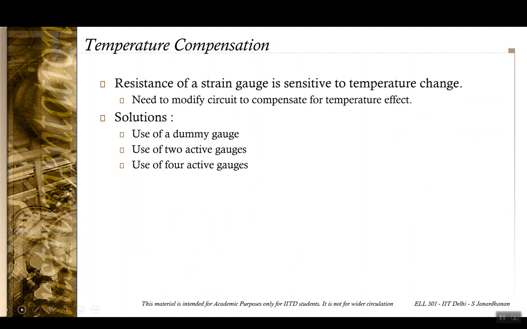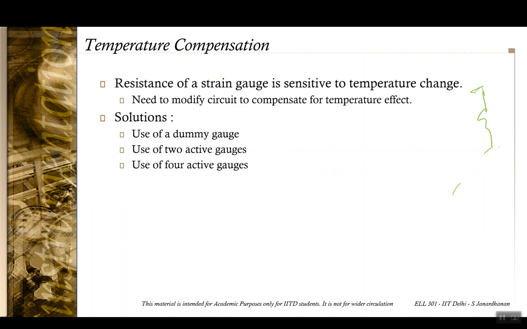Okay. So the other problem that we have is that the resistance of a strain gauge is basically a resistor. It's a metallic wire. So when there is a temperature change, there can be a change in resistance also.